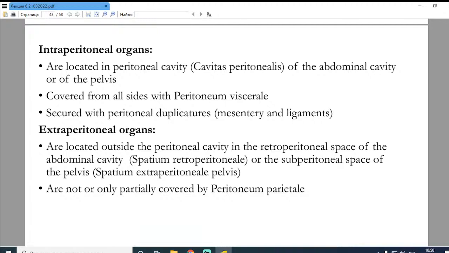Extraperitoneal organs are located outside the peritoneal cavity in the retroperitoneal space of the abdominal cavity, the spatium retroperitoneale, or subperitoneal space of the pelvis, spatium extraperitoneale pelvis, and are not or only partially covered by peritoneum parietale.